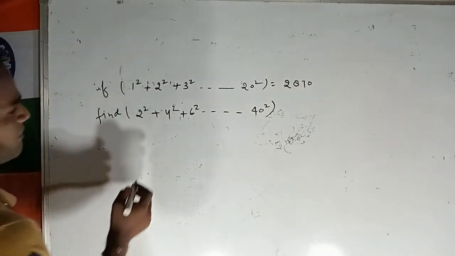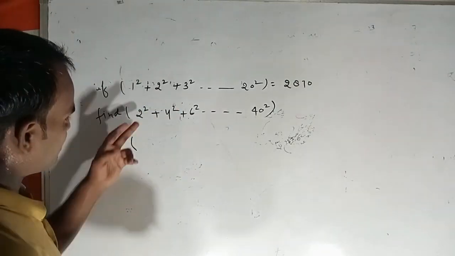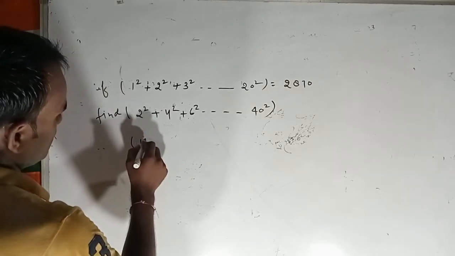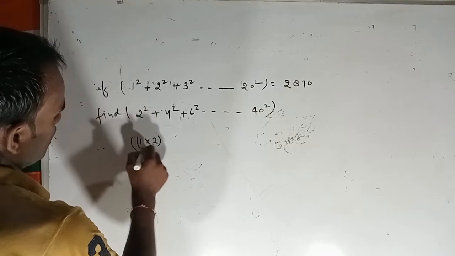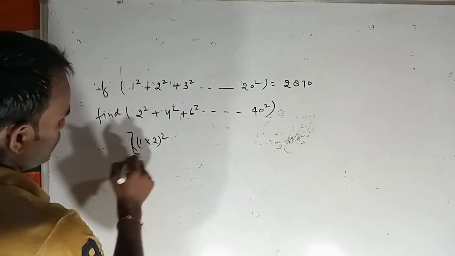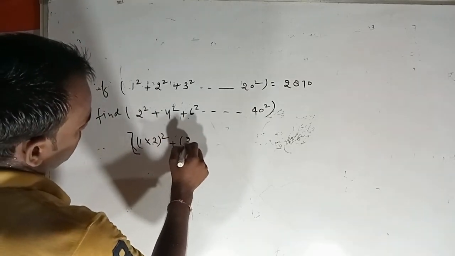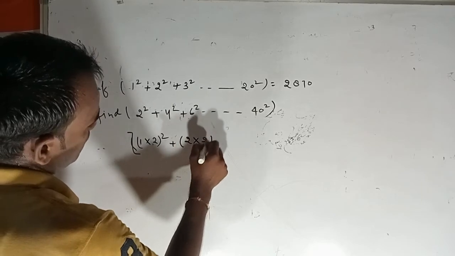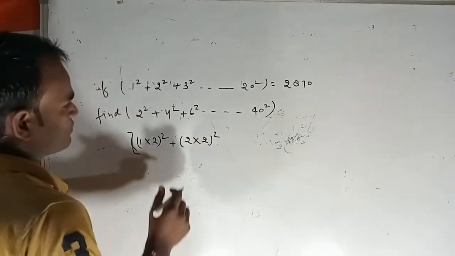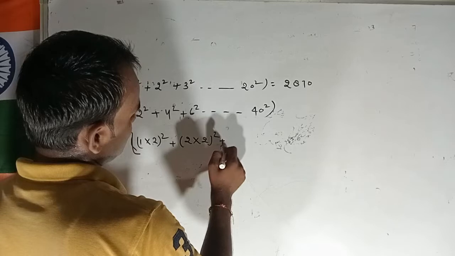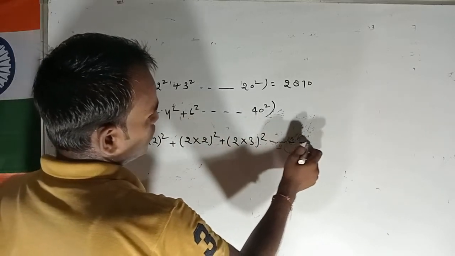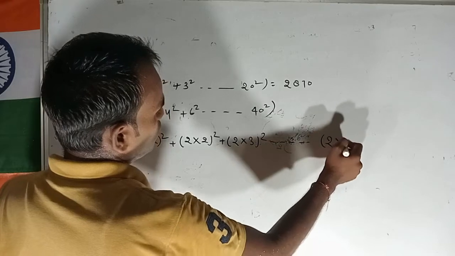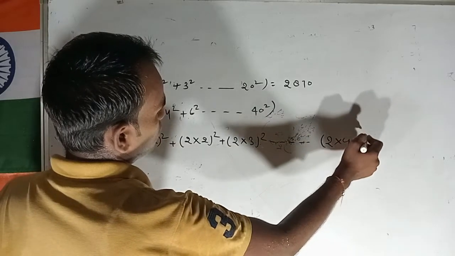So what we will do, we will see here 1 into 2 the whole square, 2 into 2 the whole square, 2 into 3 the whole square, up to 2 into 20 the whole square.